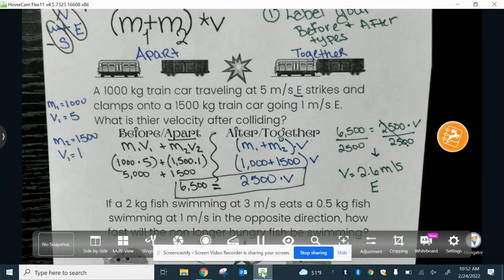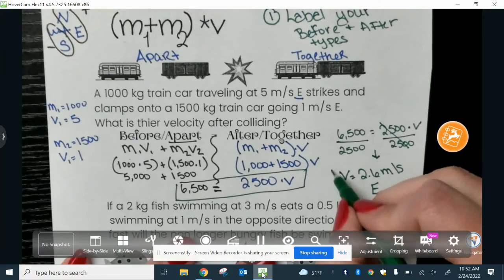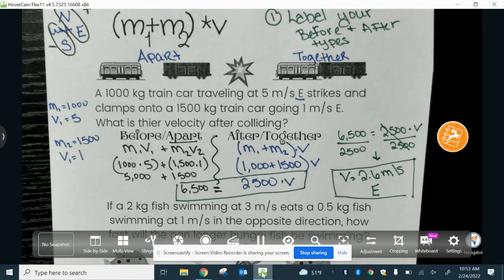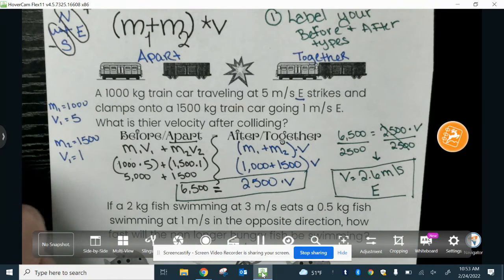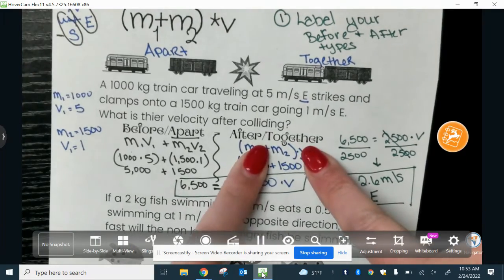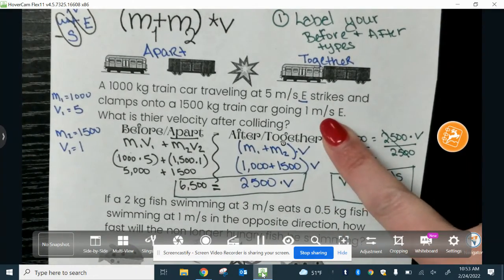Because I have the direction, so I might as well include it. Any questions about that? For me personally, the together aspect of collisions is a lot quicker to solve and a lot easier.